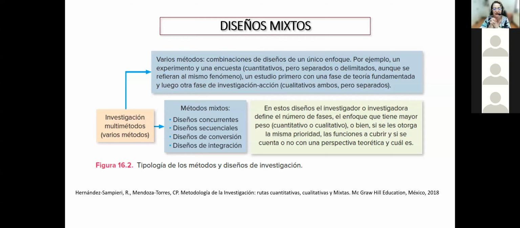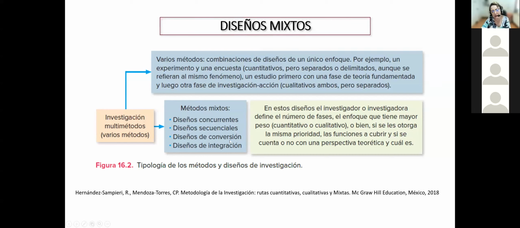And I could combine quantitative and qualitative methods in a concomitant manner. So you do a study that approaches qualitative and quantitative aspects, or do a sequential study. So I began observing qualitatively what's happening with suicide attempts among young people, and build a series of categories, and then I do a survey with the students. So I do a sequential process. I begin with a qualitative process, and then I continue with a quantitative process, or the other way around.